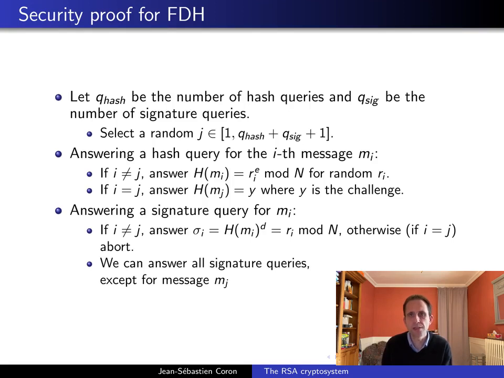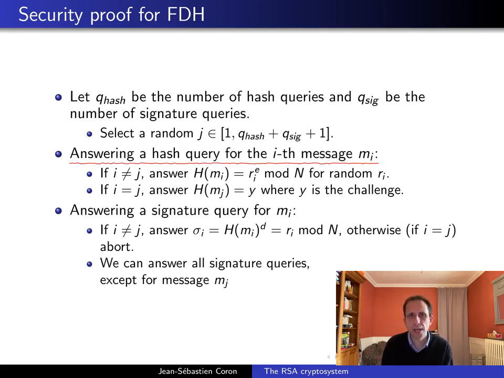So let me summarize this again. We denote by QH the maximum number of hash queries and QSIG the maximum number of signature queries by the forger. First, as I said, we select a random index j among all possible indices of messages, between 1 and QH plus QSIG plus 1.